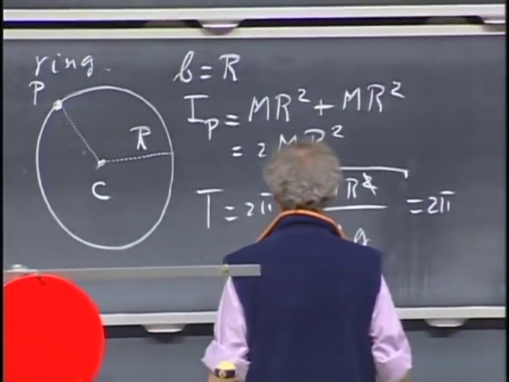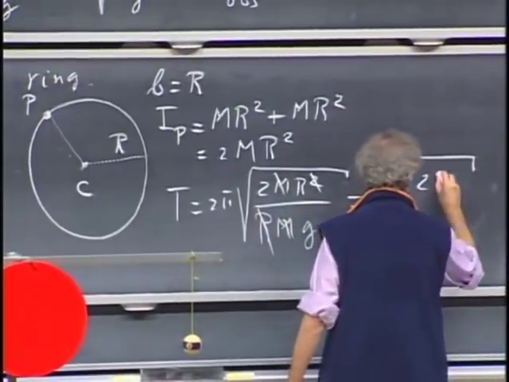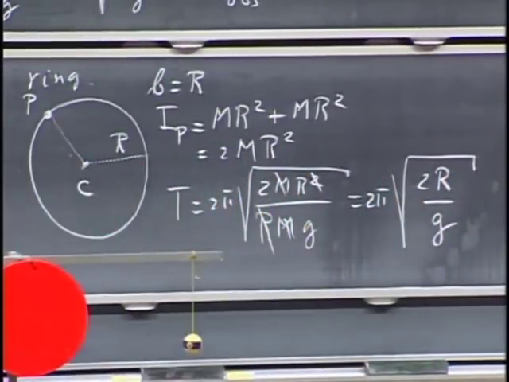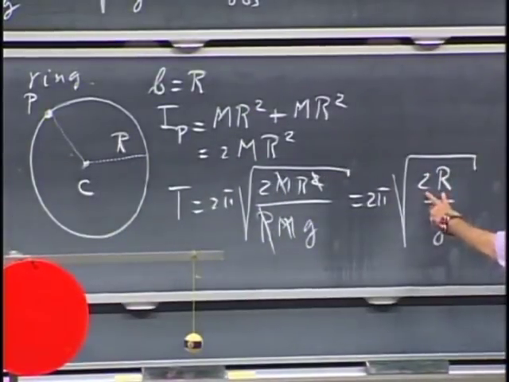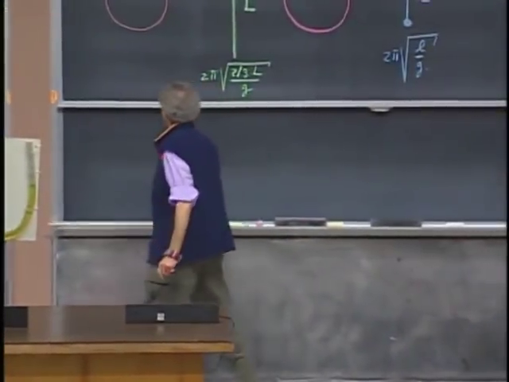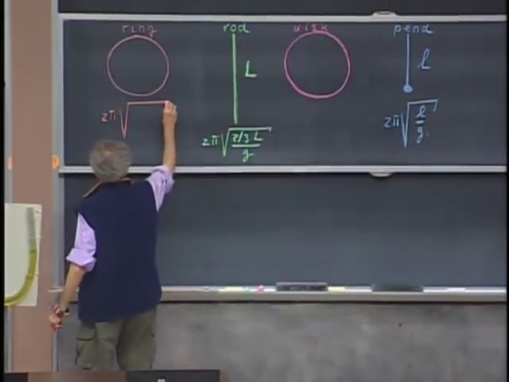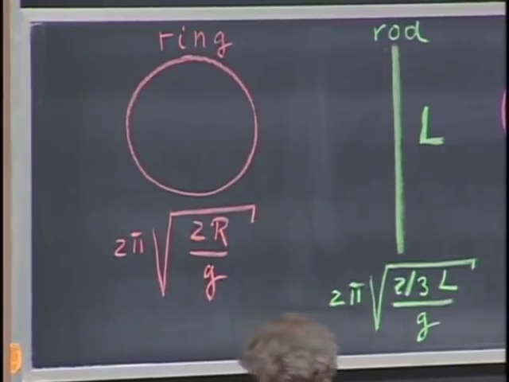I derived this in lecture number 21. I remember everything by lecture number, believe me or not. So the period now is the same as a pendulum with length 2r. This is the ring. And so here we have 2 pi times the square root of 2r divided by g. I'll make a comparison very shortly.